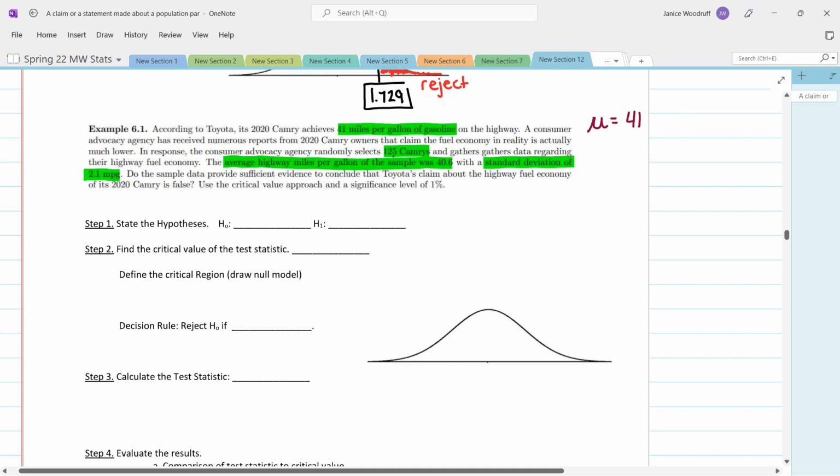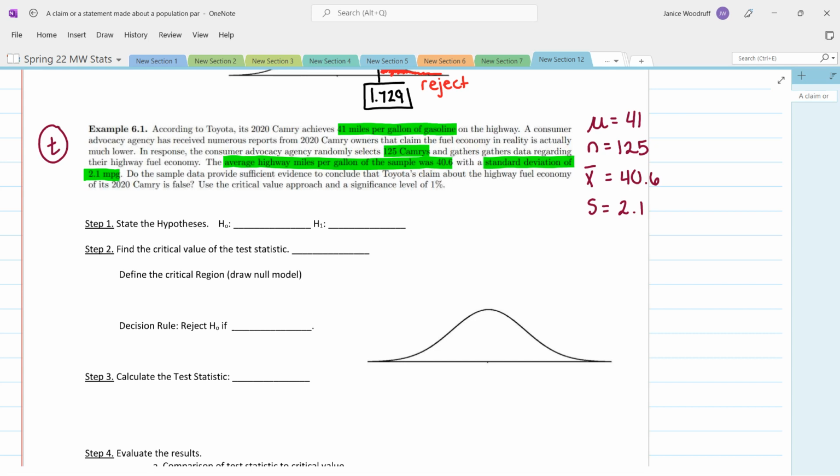Then we have a sample of 125 Camrys, and in that sample you have a mean, so that sample mean is X bar, 40.6, and you're given a sample standard deviation of 2.1. Since we're given a sample standard deviation, we're using T. Okay, so there's the info.